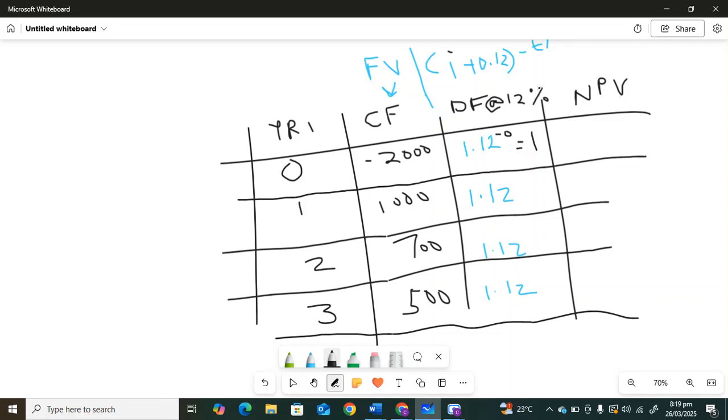So net present value: cash flow negative 2,000 times discount factor 1. Net present value is negative 2,000. Any questions, colleagues, before I go to the next part?